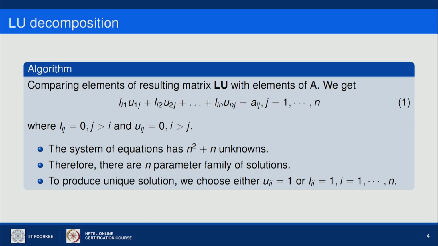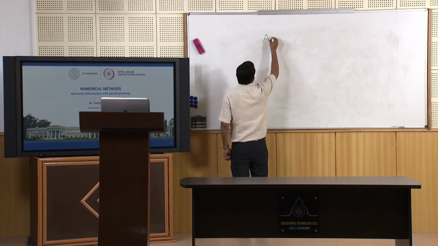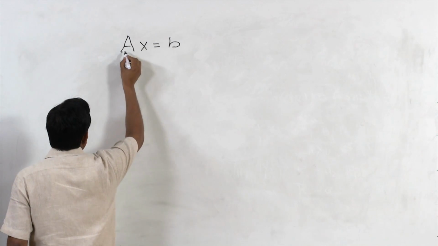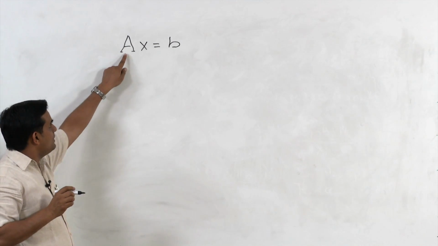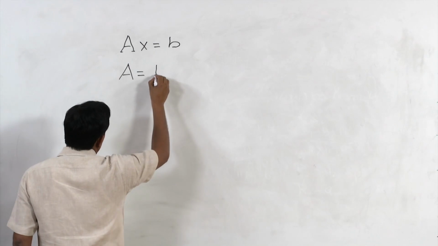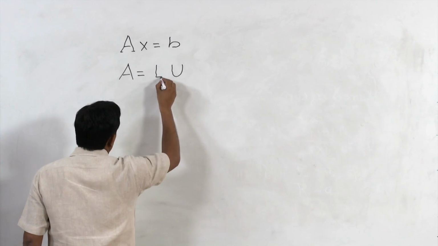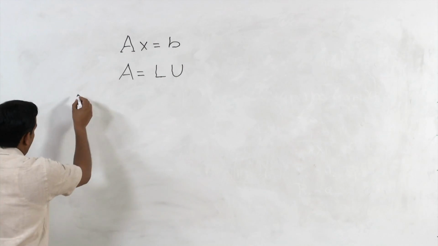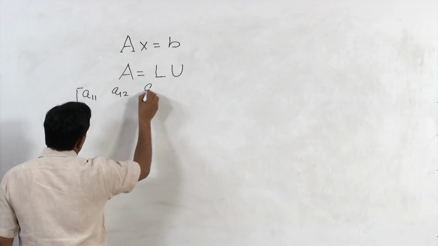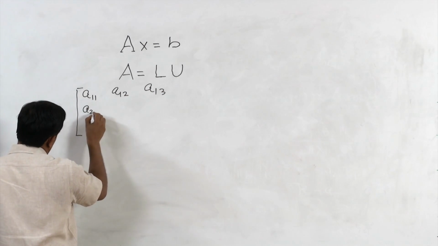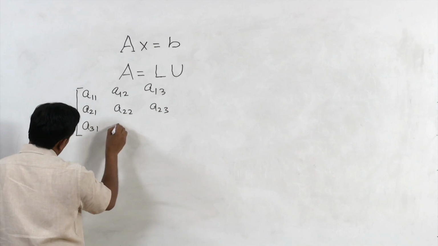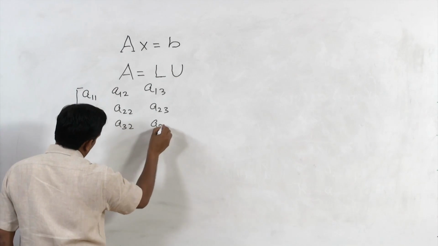So, basically what we are doing, we are taking the system AX equals to B, but at this moment, we will focus on the decomposition of this coefficient matrix as the product of two matrices L and U. So, if we are having again a 3 by 3 system A11, A12, A13, A21, A22, A23, A31, A32, A33.